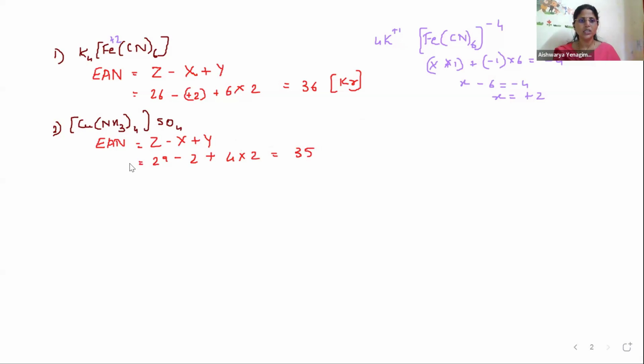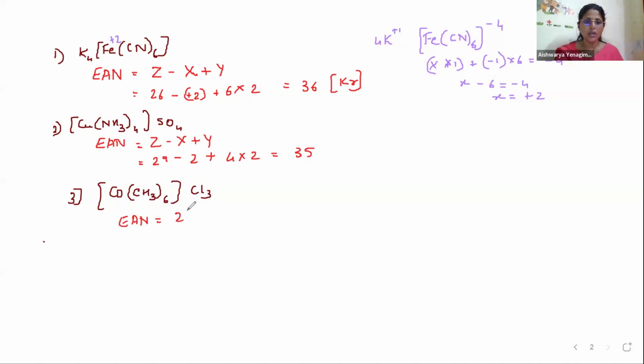So this is how we do it. Take another example. The example is [Co(NH3)6]Cl3. How do you calculate the effective atomic number? Do it before me, you all have to do it. EAN is equal to Z. What is Z?